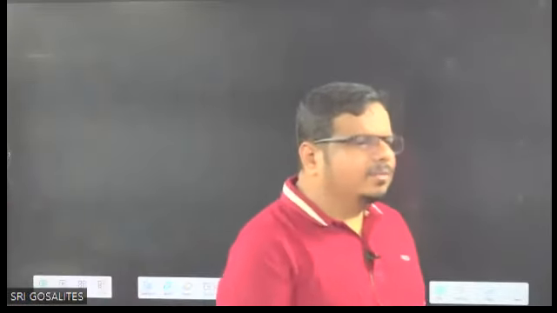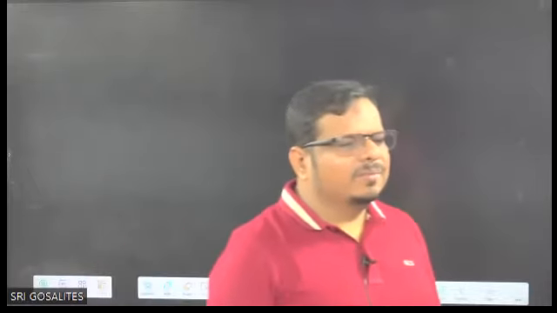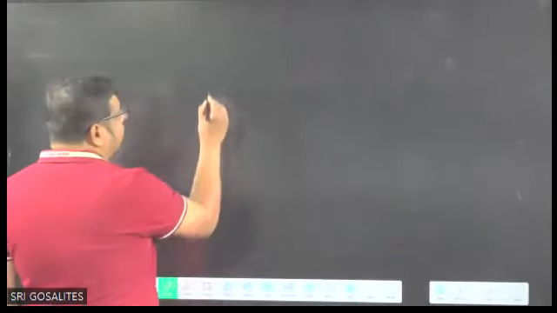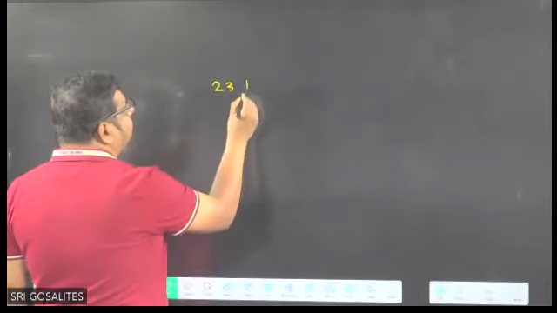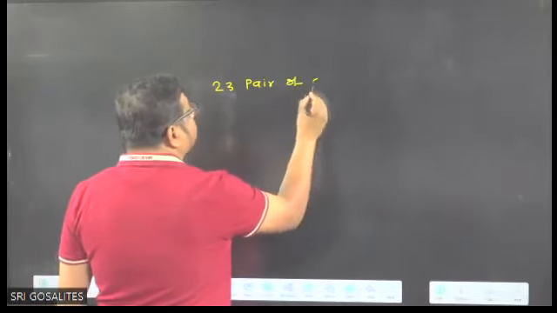Children, a small question: how many chromosomes are present in every cell of your body? Very good answer, many are saying the correct answer: 23 pairs of chromosomes.